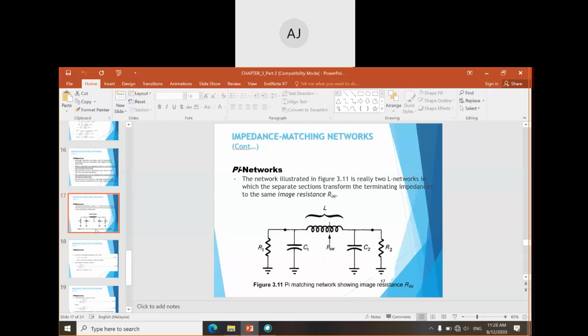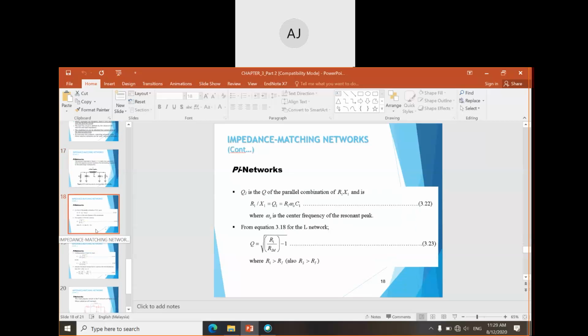By controlling the Q, it will make the whole system operate at a minimum. That's the drawback.